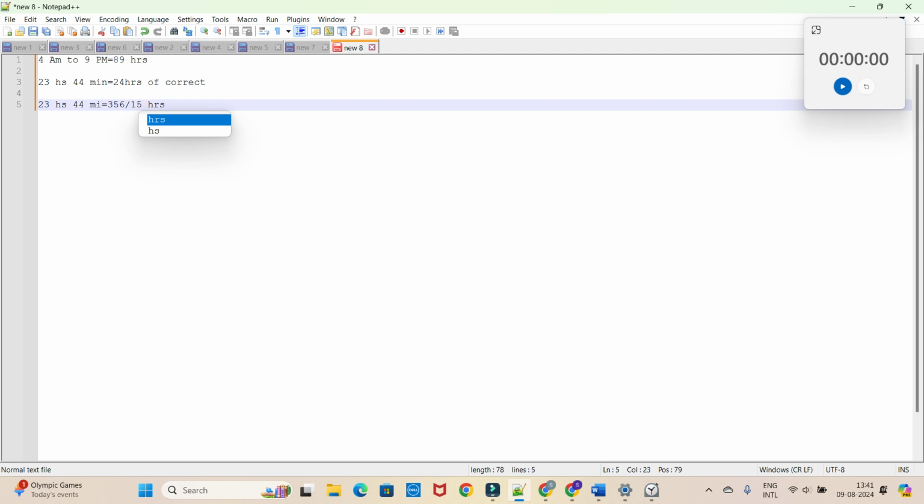So 356 by 15 hours of the correct clock is equal to 24 hours of this clock. Now we are making this for the correct clock.